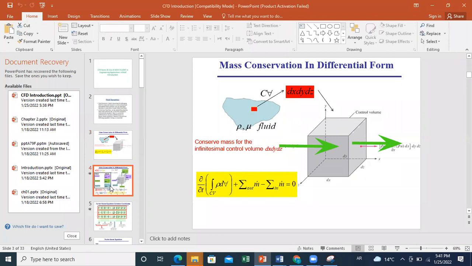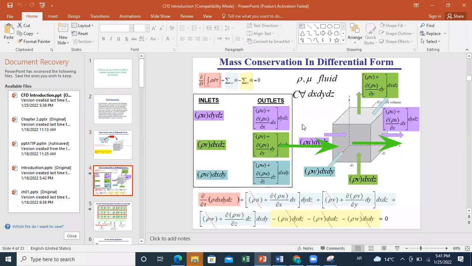So I will consider all possible fluxes getting in and coming out. I do the balance: any storage of mass plus the summation of mass flow rates getting out minus the summation of mass flow rates going in is equal to 0.